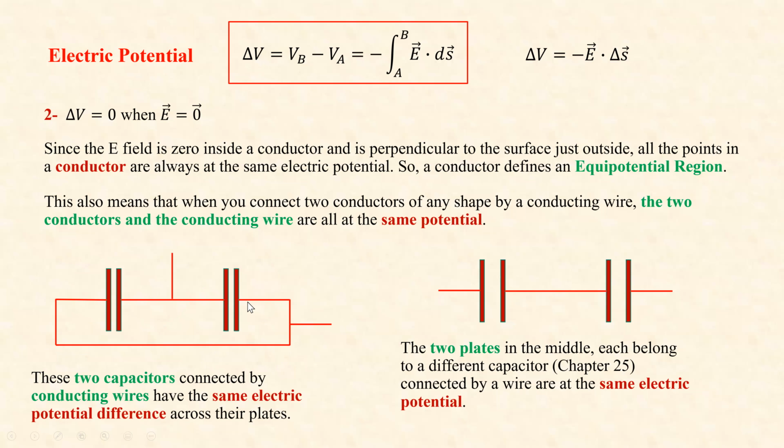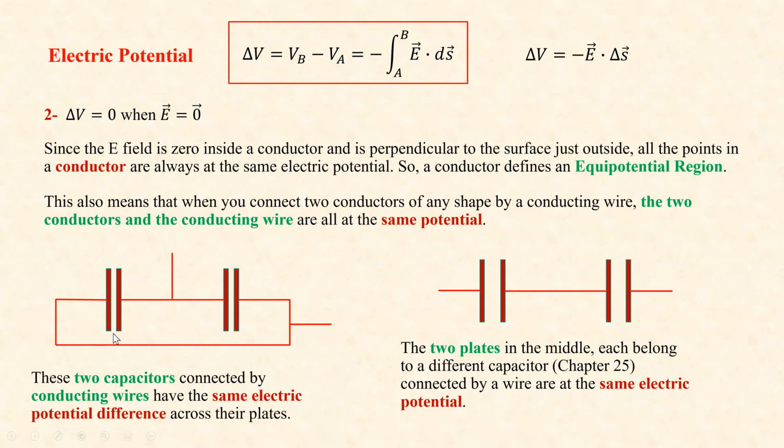And sometimes we have situations like this. You have a capacitor like that, you have another capacitor like that. You see that this conductor, which is the plate of this capacitor, is connected by conducting wires with this one. So these two are at the same potential. And this one is also connected to the other one via this conducting wire.